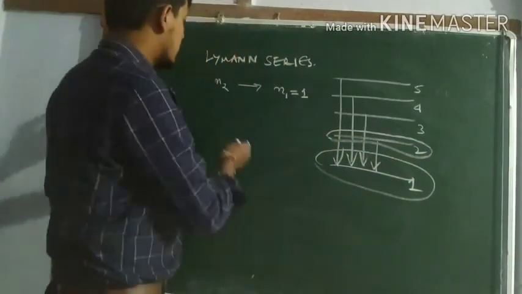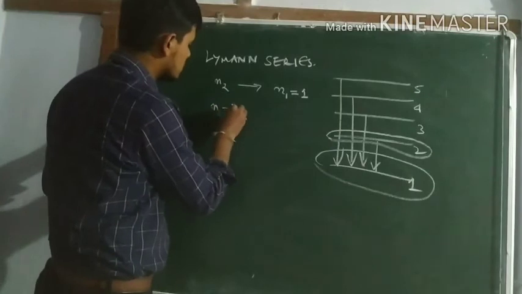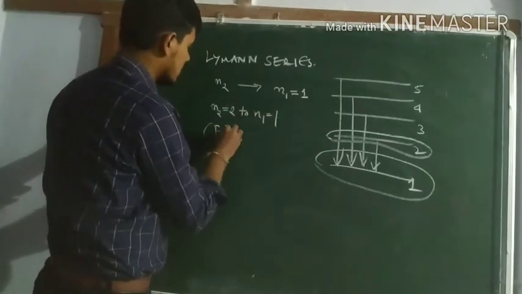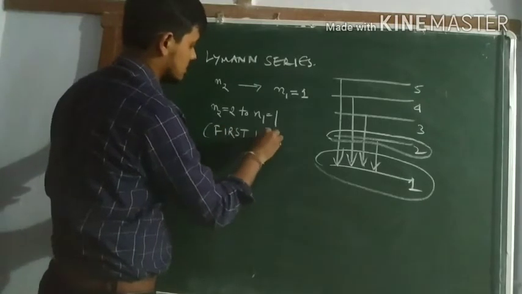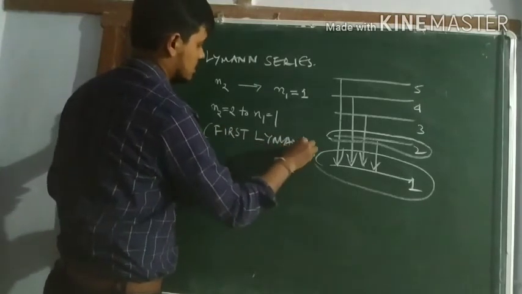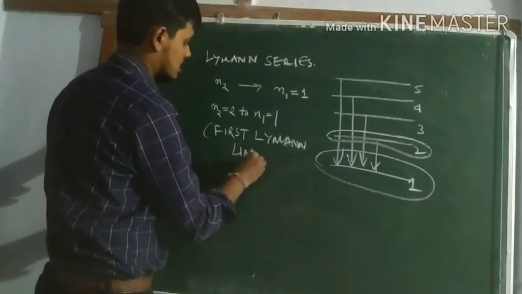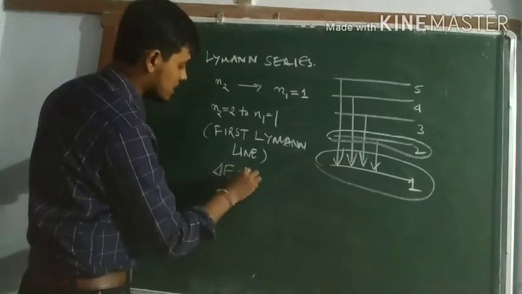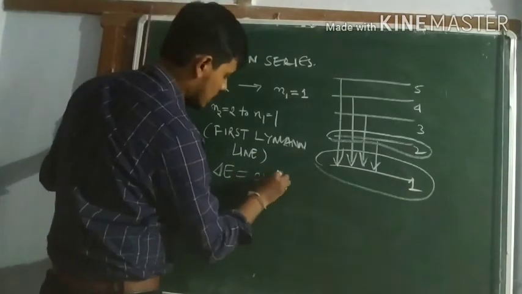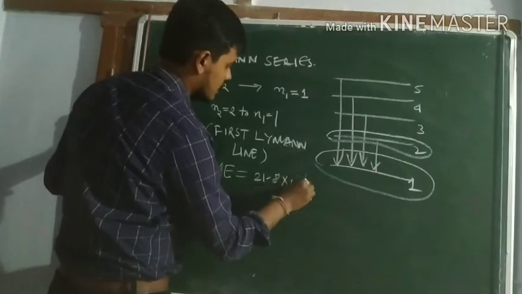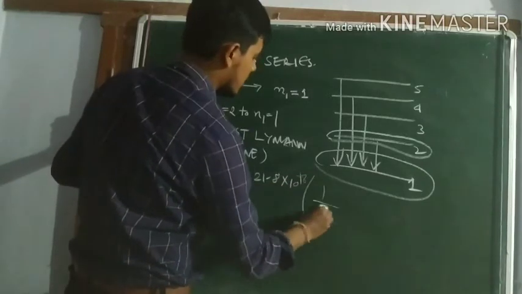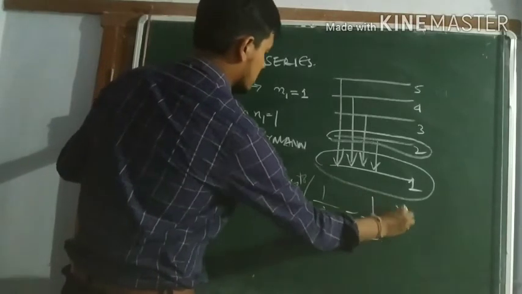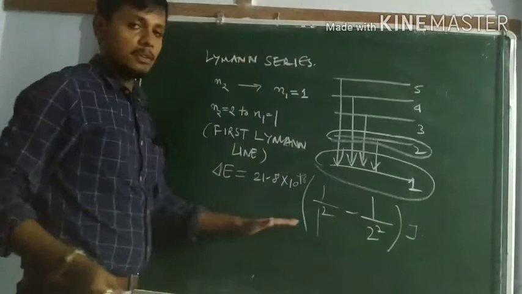That means the transition from n2 equals 2 to n1 equals 1 is called the first Lyman line. The delta E for the first Lyman line will be 21.8 into 10 to the power minus 18 into (1 by 1 square minus 1 by 2 square) joule. So this is the energy of the first Lyman line.